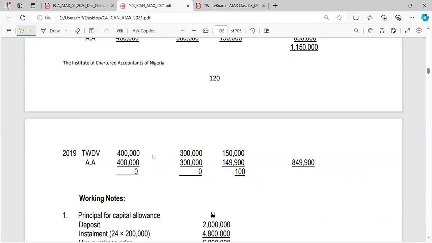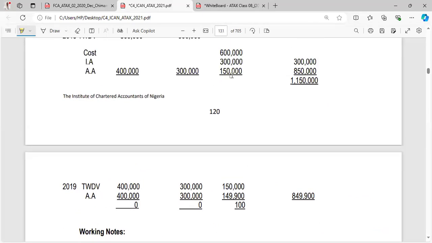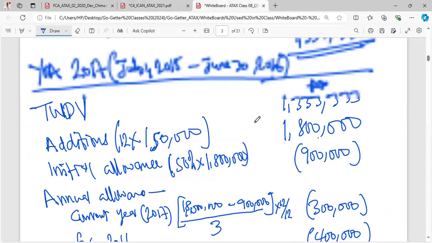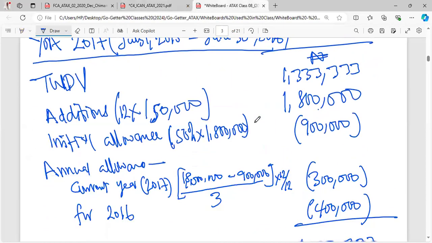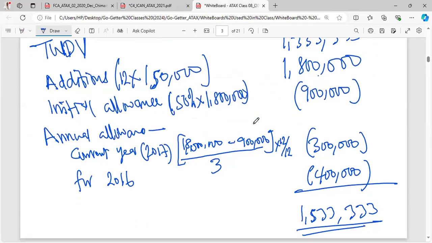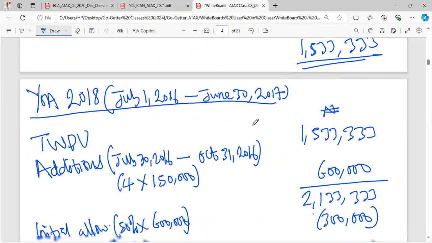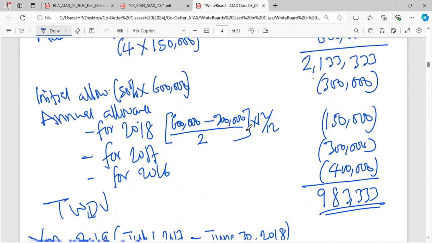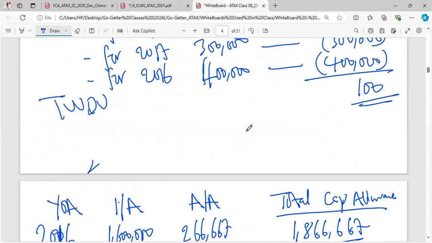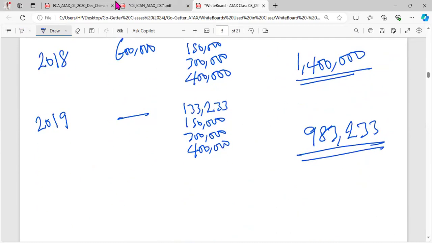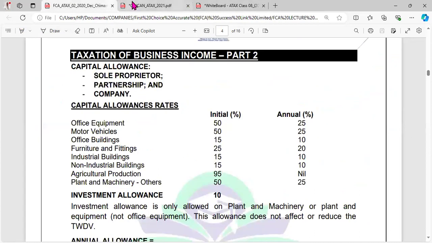There is no cost, no initial allowance, annual allowance 149 as against this 150. So it's fine. So anyway you want you understand best, follow that. But both of these methods are giving you the general idea of how you are going to do your capital allowances. Okay.